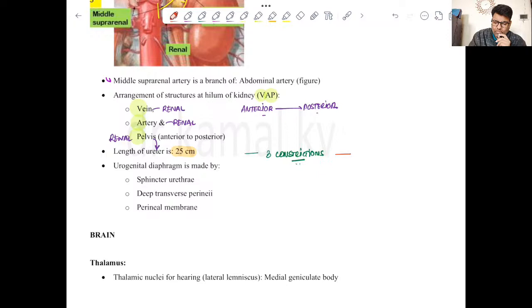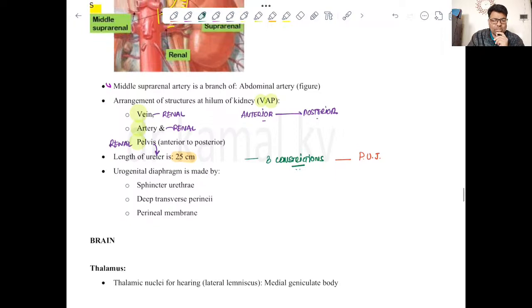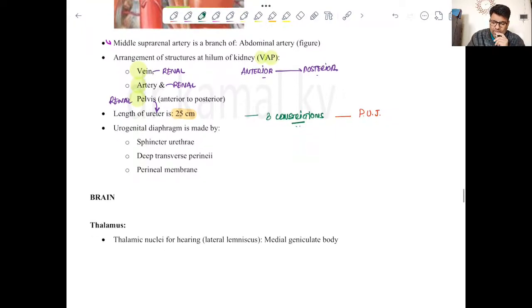Length of ureter is 25 centimeter, and there are three important constrictions in ureter. One is pelvi-ureteric junction, where the pelvis becomes ureter. Then second is at the point of entry into pelvis, and third important constriction is uretrovesical junction, when the ureter enters into the urinary bladder.